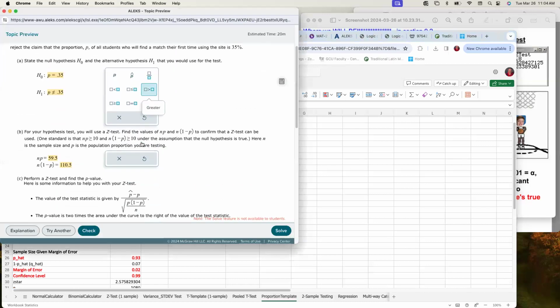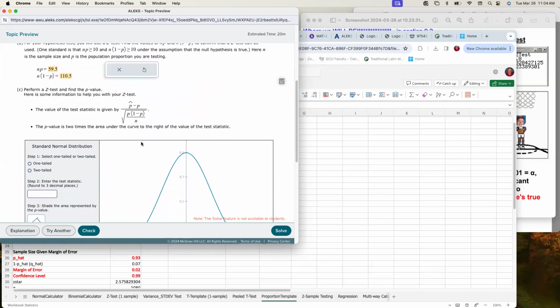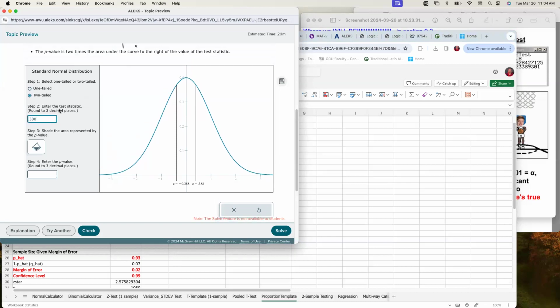Okay, and I think they want that to 3 decimal places, if I'm not mistaken. So yes, so this is a two-tailed test because of the not equals up here, and 0.388, provided my memory's right. Okay, and so there we have that.